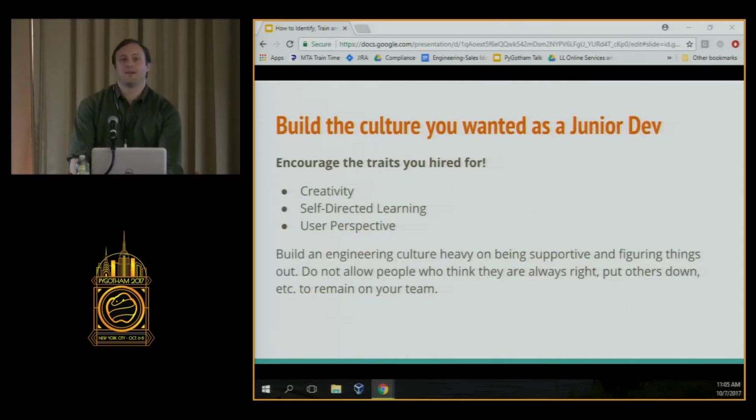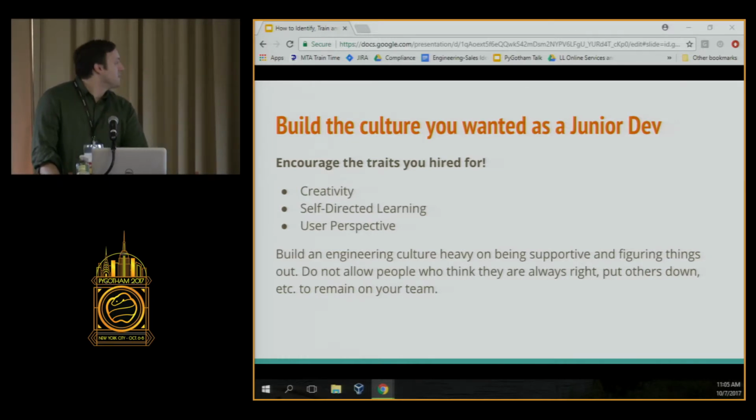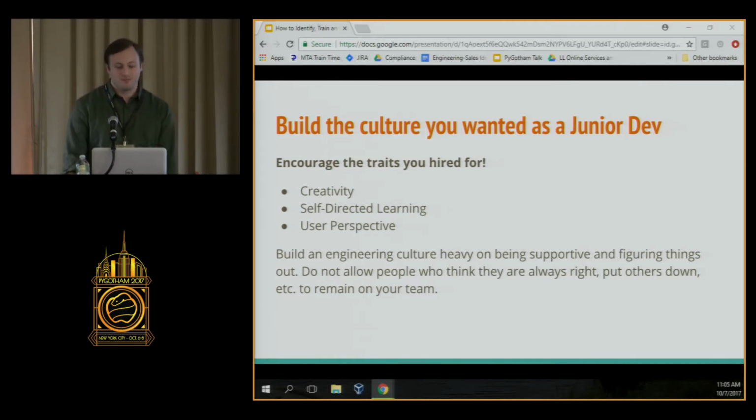Finally, once you've hired the junior developer and you're working with them, if you are on the hiring side, your responsibility is to build a culture that is the one you want it to have. So that means that your culture needs to encourage these traits, the ones that you hired for, and really support people as they figure things out.